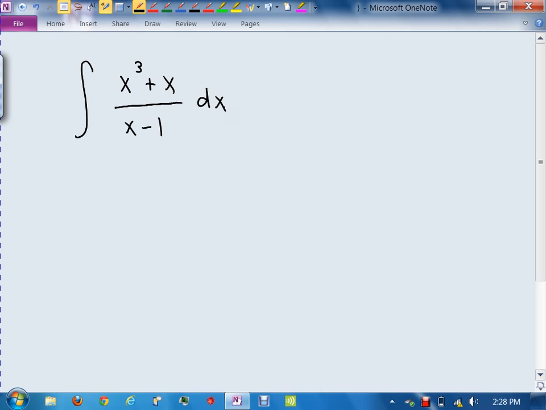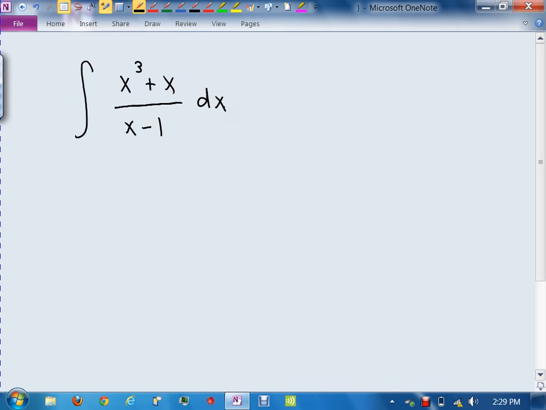So this one, you could sit here and try all sorts of different things. Again, you could try a substitution. I don't think you would do integration by parts. I don't see a trig substitution here, like a plus x squared, a minus x squared, x squared minus a squared. You don't see any of that, no square roots. There's a lot of things that you should start ruling out.